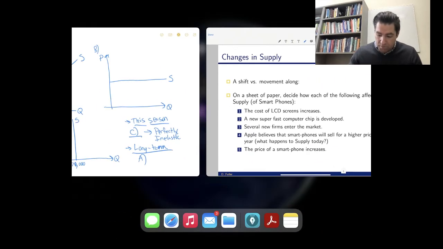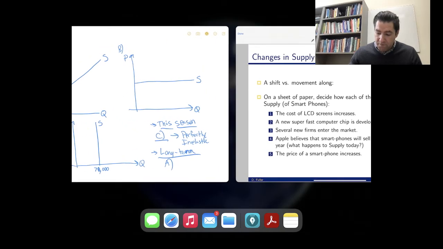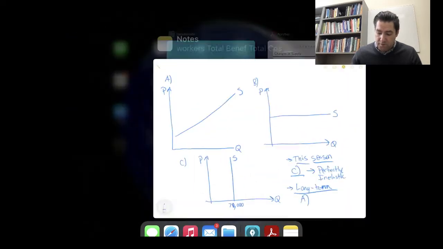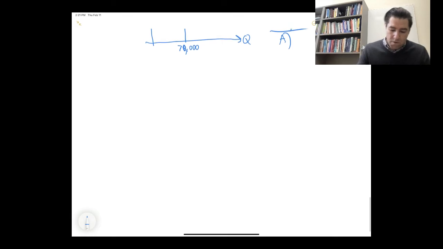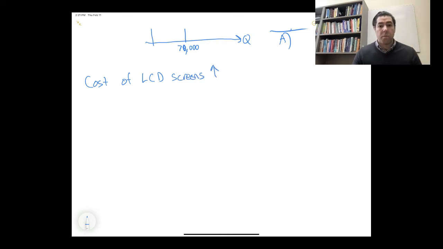So we will start with the first one, the cost of LCD screens increases. So what this means is that, when you build up, most of you have a smartphone, and the screen on the front is glass. So it's an LCD screen.